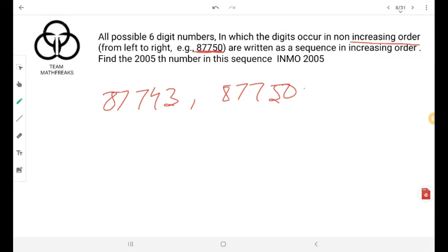Find the 2005th term in this sequence. This was the question asked in INMO 2005.